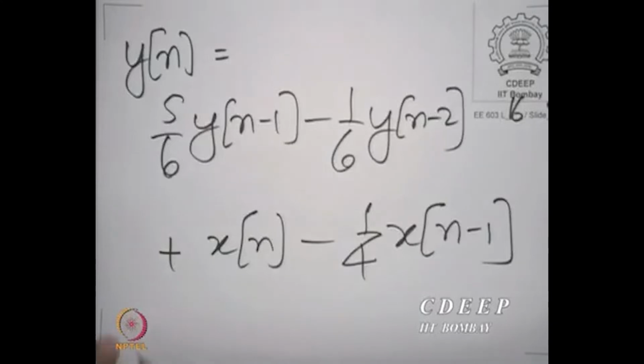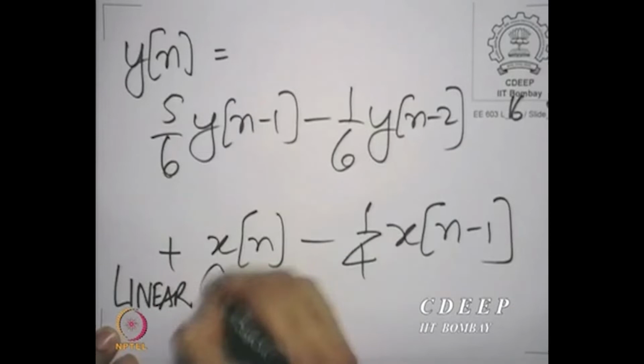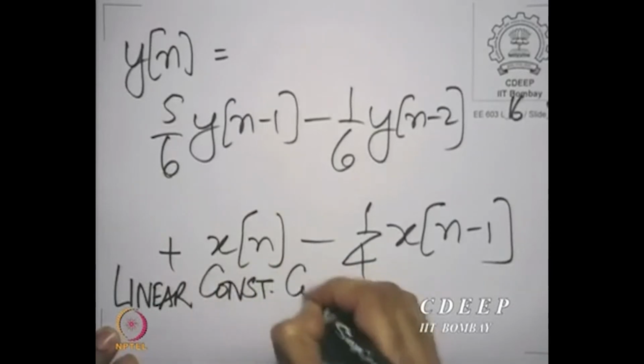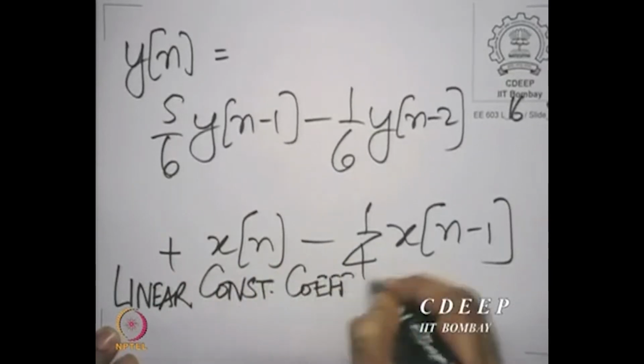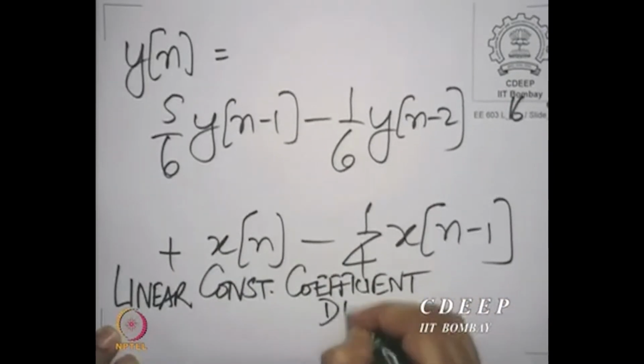And this is an example of what is called a linear constant coefficient difference equation.